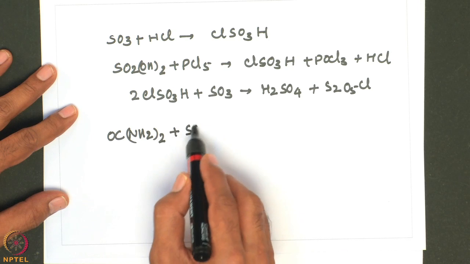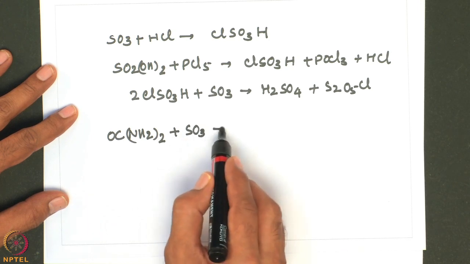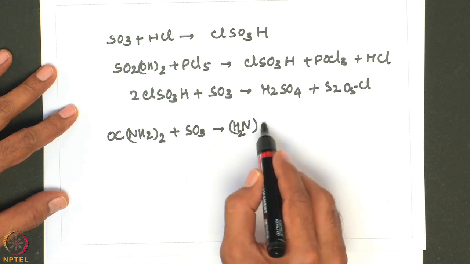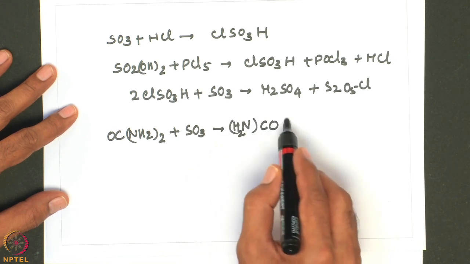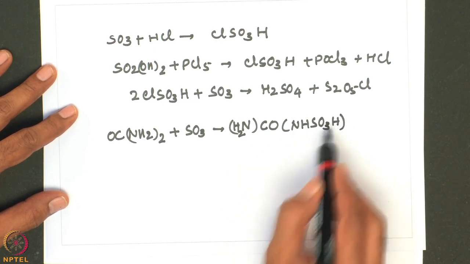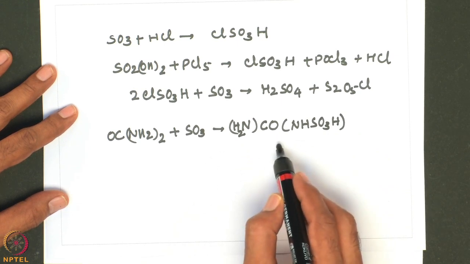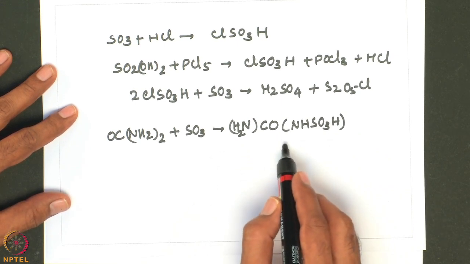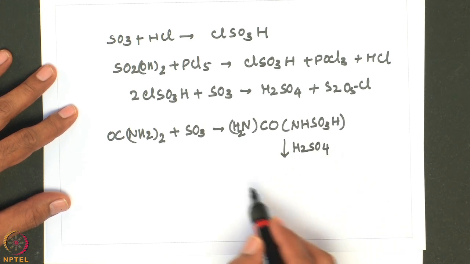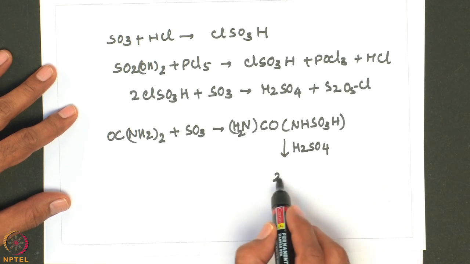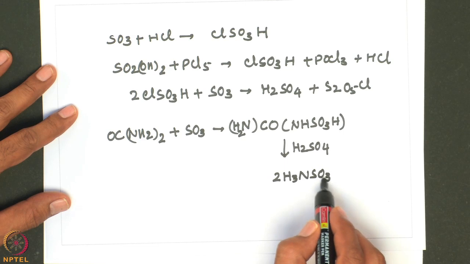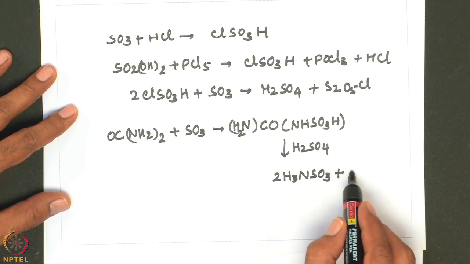This is first treated with SO3 to give NH2CONHSO3H, and this one on further treatment with H2SO4 forms 2 H3NSO3 plus CO2.